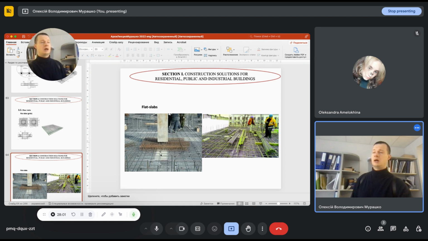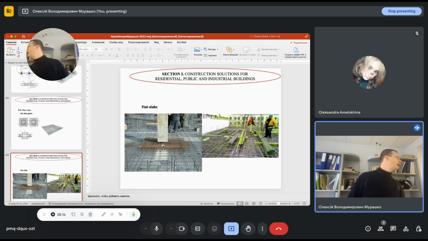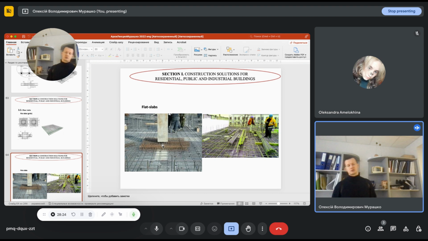ventilation openings near the columns, because it is a vertical connection, and it is logical when we have a vertical load bearing element and ventilation or sewerage pipelines located near it. But when we are using this kind of reinforcement, it is really hard for us to locate the opening.